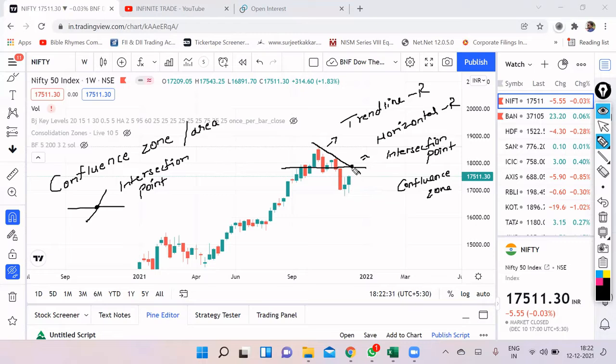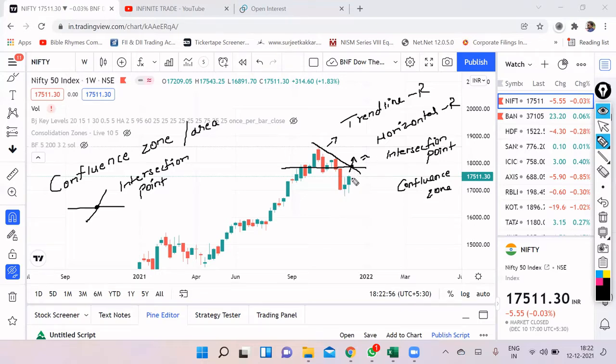Usually what happens is, when price breaks this place, you will see a tremendous rally. But in my experience of around 3 years in trading, I haven't seen such a breakout or breakdown ever in the indices. Why? Because this is the main reason.